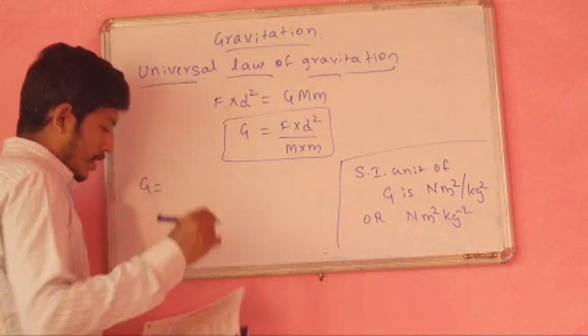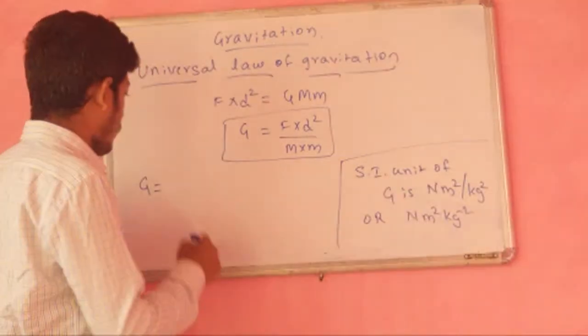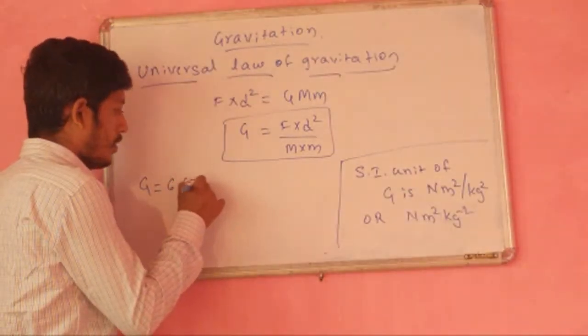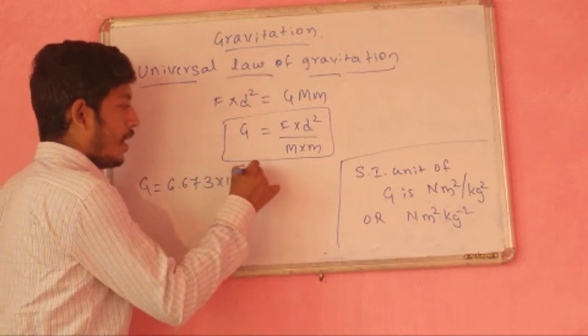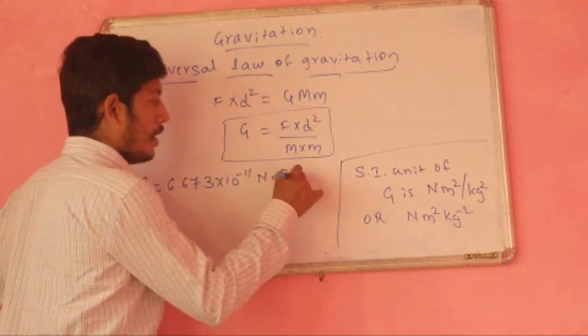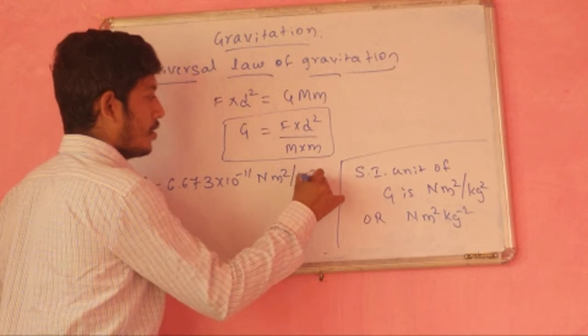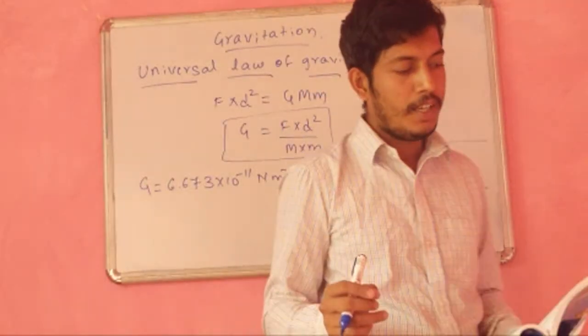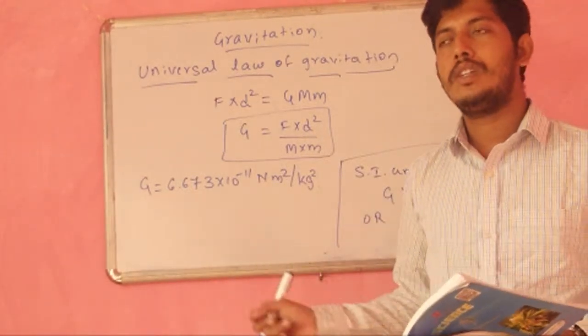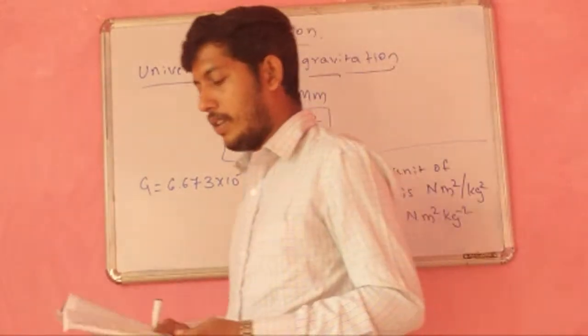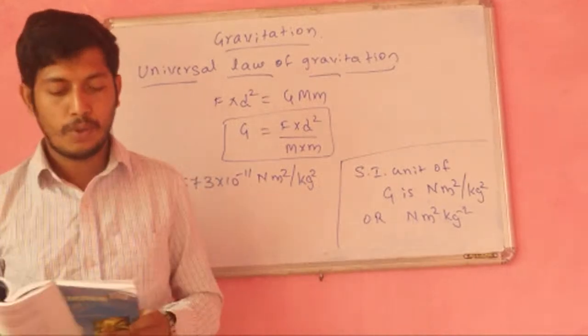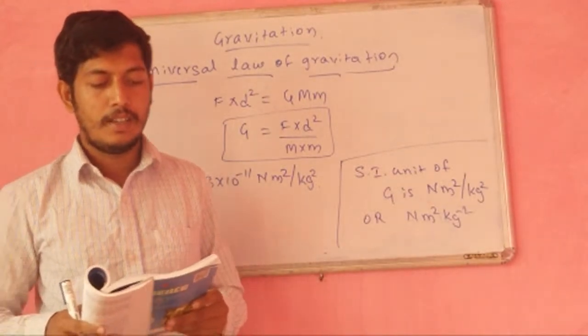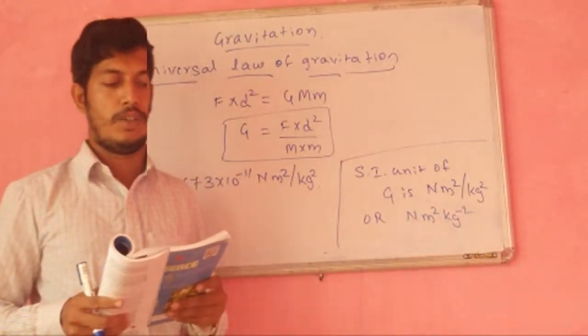And the value of capital G is 6.673 into 10 raised to minus 11 Newton meter square per kg square. The value of G was found out by Henry Cavendish. He lived between 1731 and 1810.